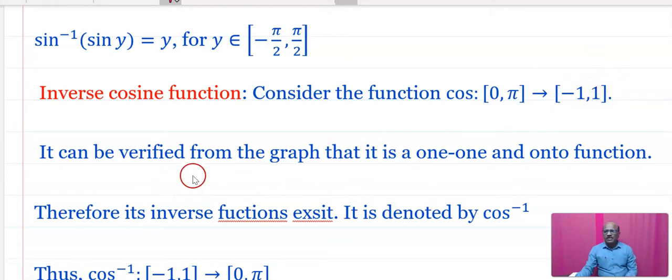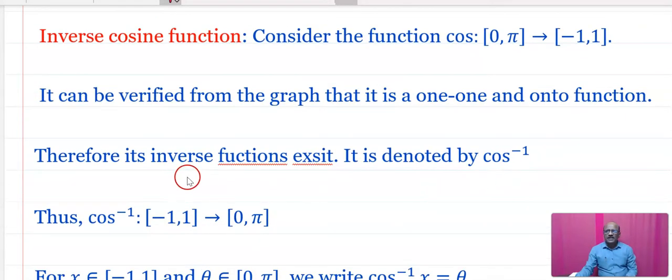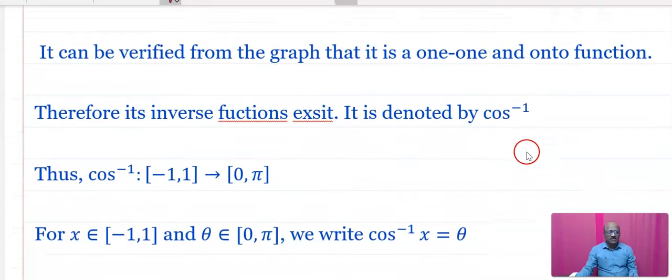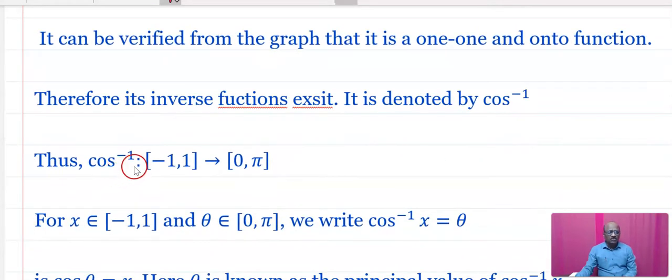It can be verified from the graph again that it is a one-one and onto function. Therefore, its inverse function exists. It is denoted by cos inverse, that is cos raised to minus 1. And thus cos inverse is from minus 1 to plus 1 to the closed interval 0 to pi.